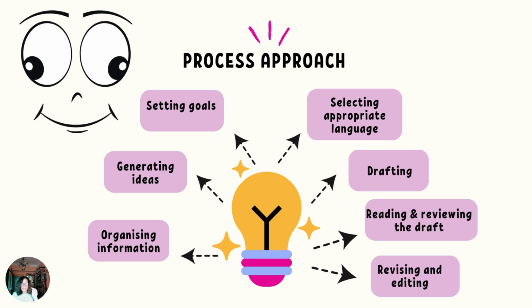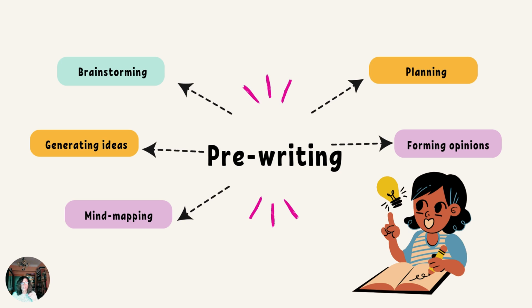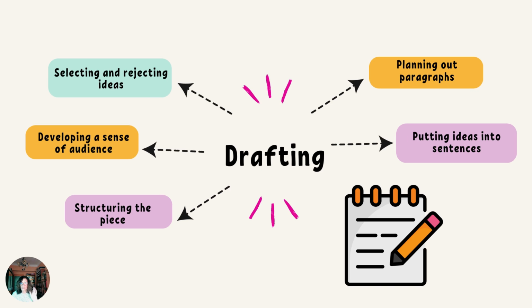First of all, we have the pre writing stage, which is made up of five different stages: brainstorming, generating ideas, mind mapping for organization, planning what we are going to write, and forming opinions. The second stage is the drafting stage, where we select and reject ideas, we develop a sense of audience, we structure the piece, we plan out the paragraphs, and then we put ideas into sentences.